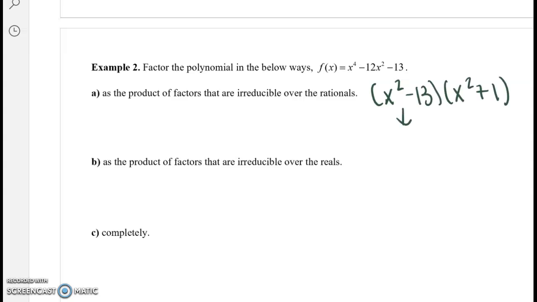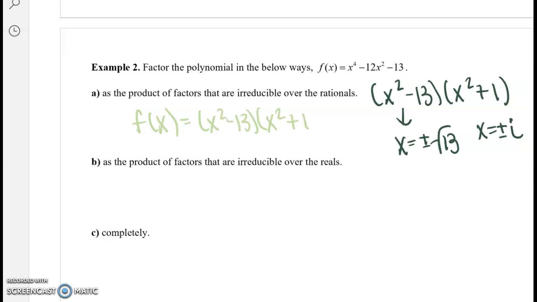So here, if I solve this, my solutions are plus or minus root 13. Those are irrational. Here I've got subtract the 1, so you get x equals plus or minus i. And those are your imaginary solutions. So irreducible over the rationals, that's exactly what that is. So I've got f of x equals x squared minus 13 times x squared plus 1.